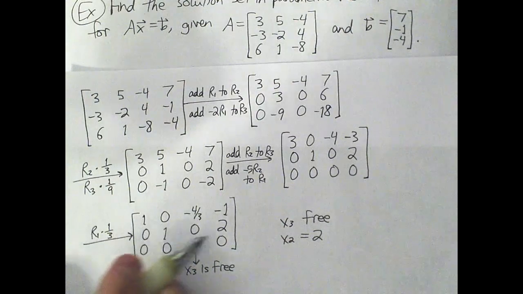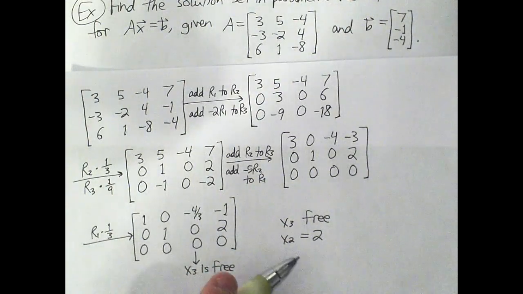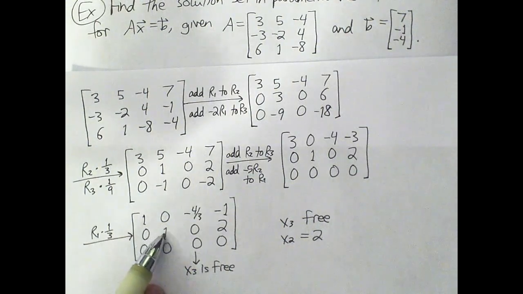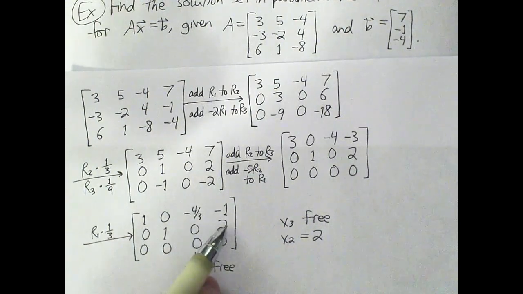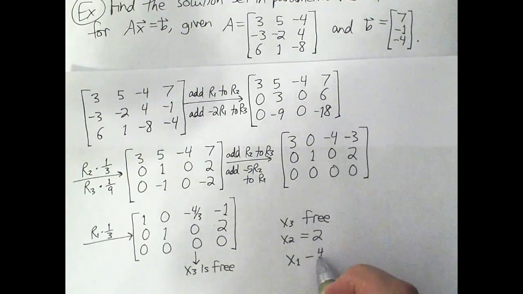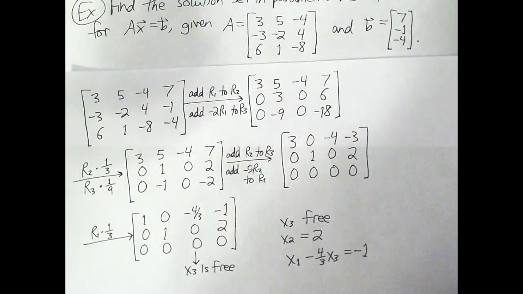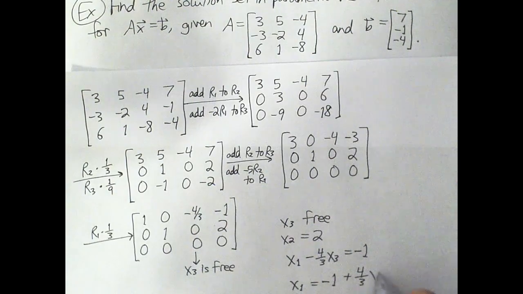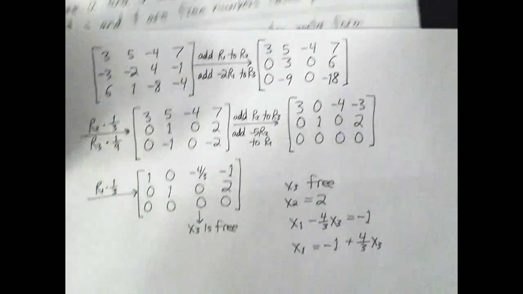Row 2 translates to just x2 equals 2 because it says 0x1 plus 1x2 plus 0x3 equals 2. What does row 1 say? I guess it says x1 minus 4/3 x3 equals -1. I'd like to solve for x1, so let's move some things around. Let's write this as -1 plus 4/3 x3. That's better because it says x1 equals.